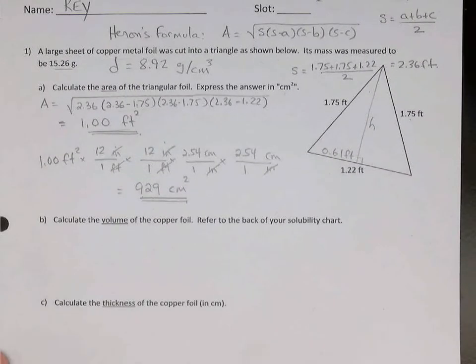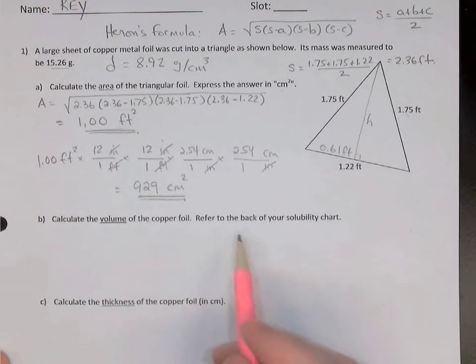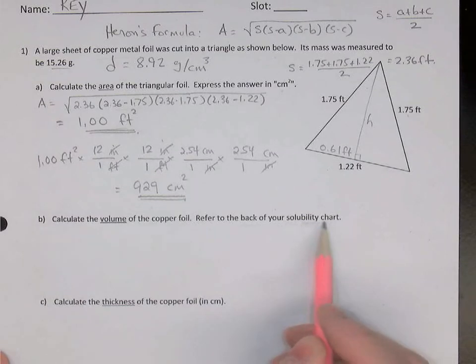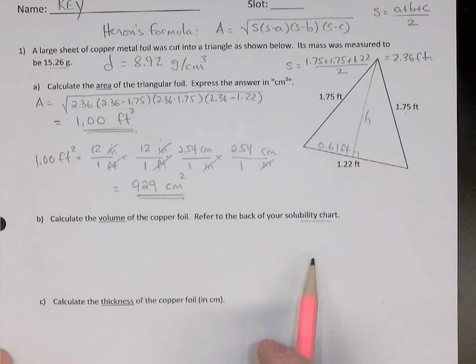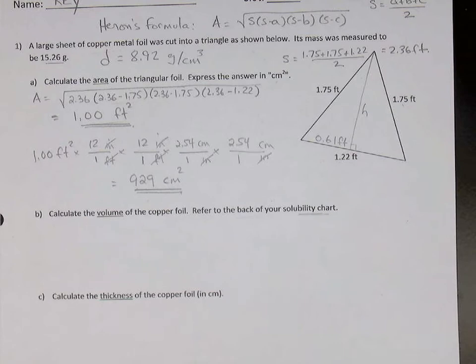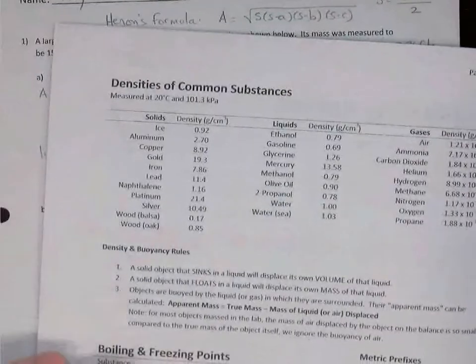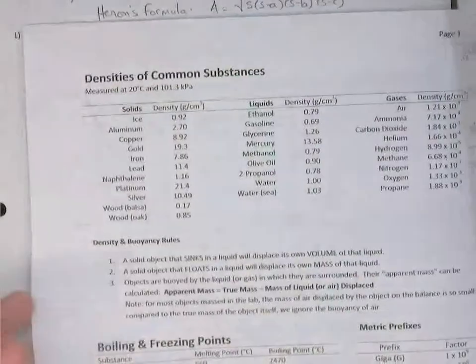Alright, part B says what's the volume of the foil, and it says refer to the back of your solubility chart. The solubility chart is in your science booklet. So this is our solubility chart.